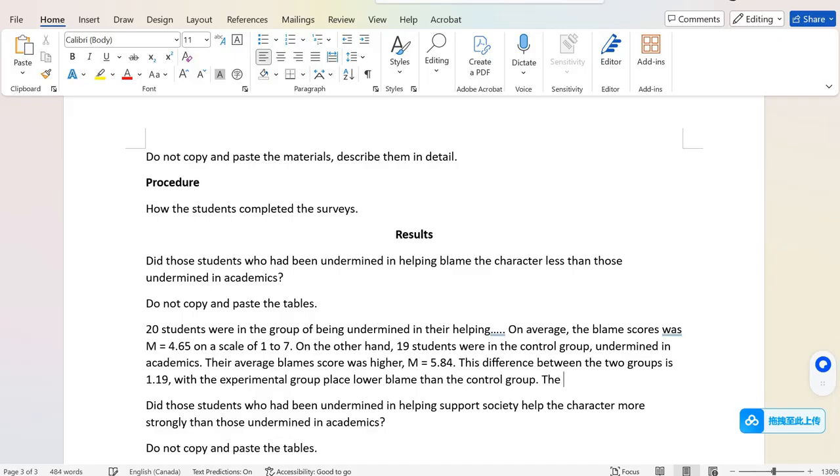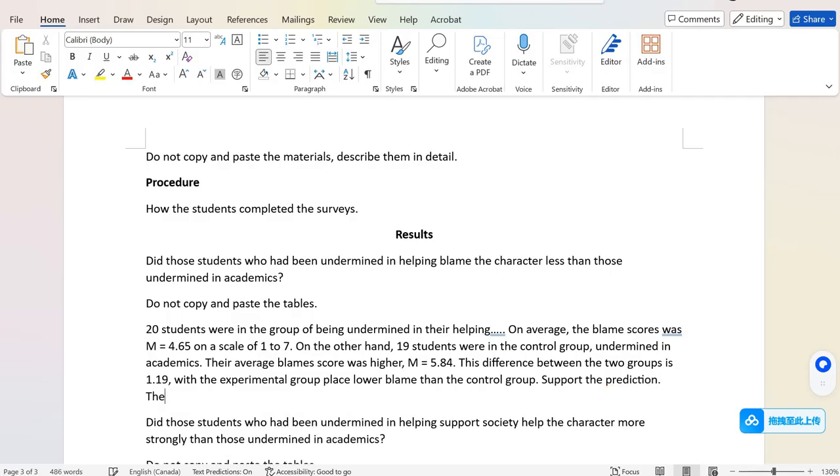The difference was statistically significant. Why? It's because P is smaller than 0.05.